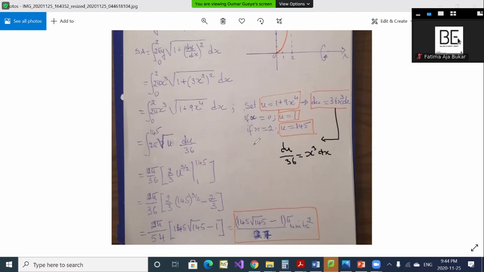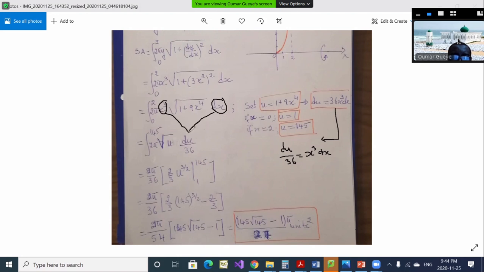Yeah. Okay, and you see here, you have your x cubed and your dx here. So it means the x cubed and dx, you combine them, you replace by du over 36. Yeah, I got it. Thank you.